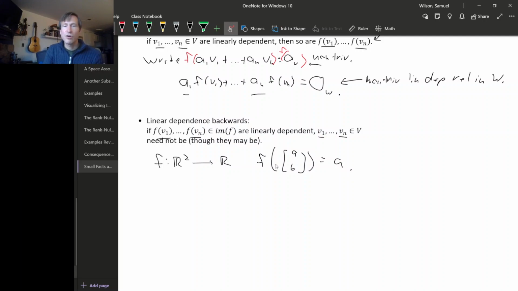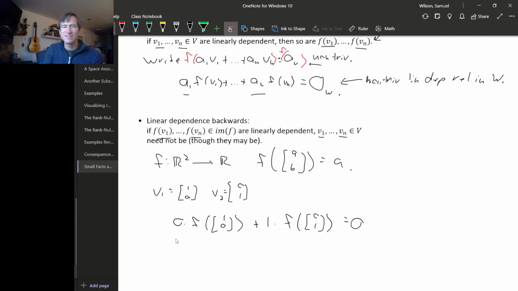So now I need to tell you what the v's are. For v1, it's going to be (1, 0). For v2, it's going to be (0, 1). Then 0 times f of (1, 0) plus 1 times f of (0, 1) is 0, right?